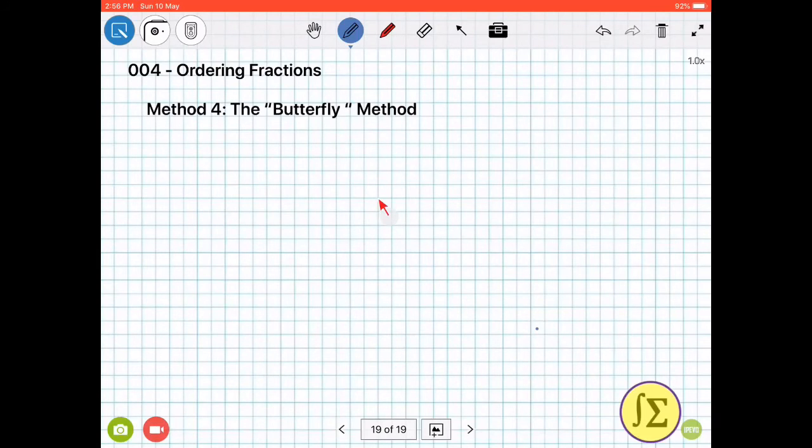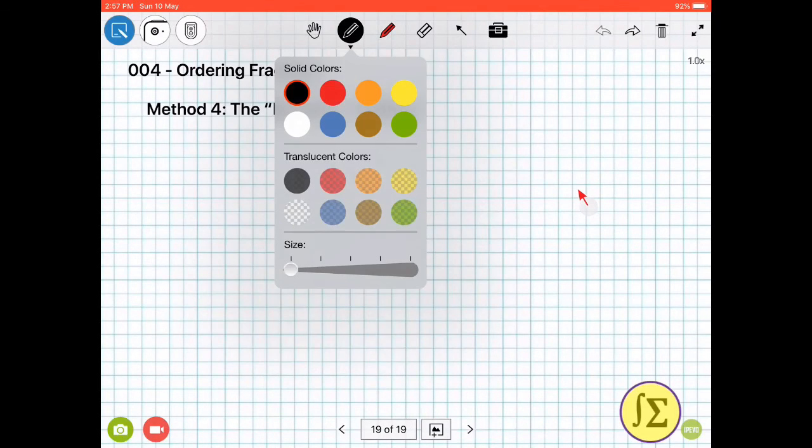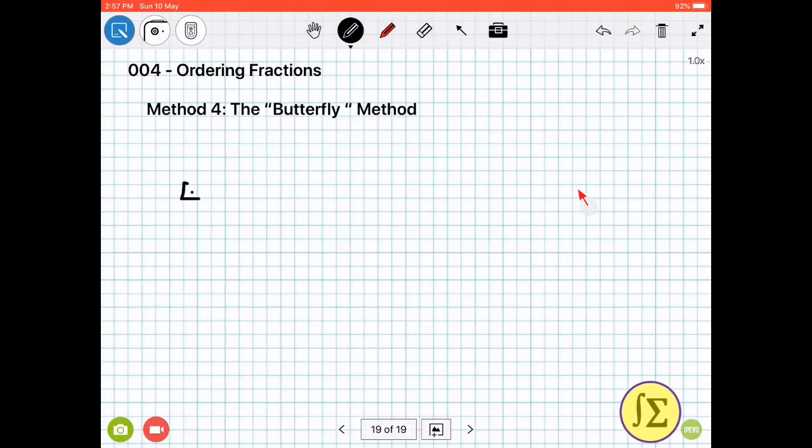Okay, so we come to method number 4. Let's say we're going to compare two fractions. Say 4 over 6 and 7 over 8. Okay. What we're going to do is we're going to cross multiply 8 multiply with 4 and 6 multiply with 7.